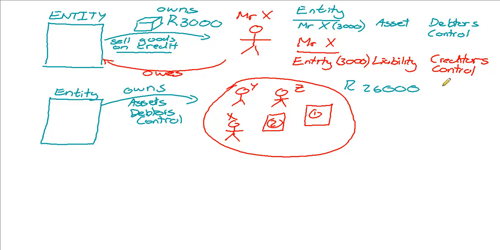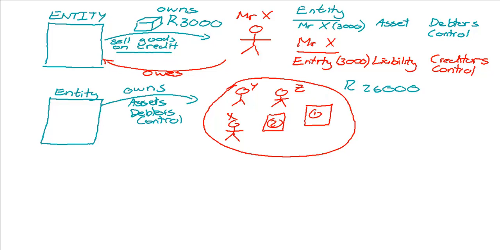What that means is the entity is owed 26,000 Rand from various people to whom they sold goods on credit, and these people actually owe the entity money. So the entity owns this 26,000 Rand, even though it's not in their possession. It is an asset, because at any time they can go to these debtors and collect that money.